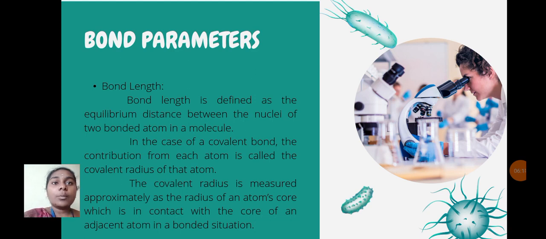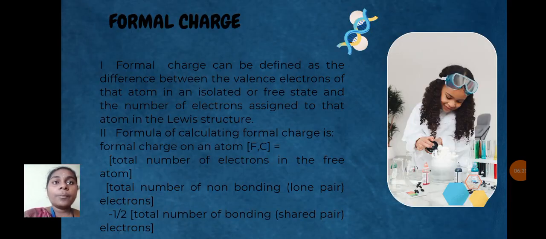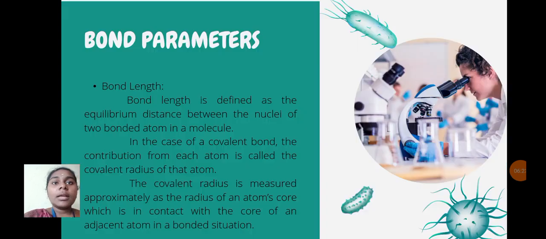Next, bond parameters. Bond length is defined as the equilibrium distance between the nuclei of two bonded atoms in a molecule. In the case of a covalent bond, the contribution from each atom is called the covalent radius of the atom.